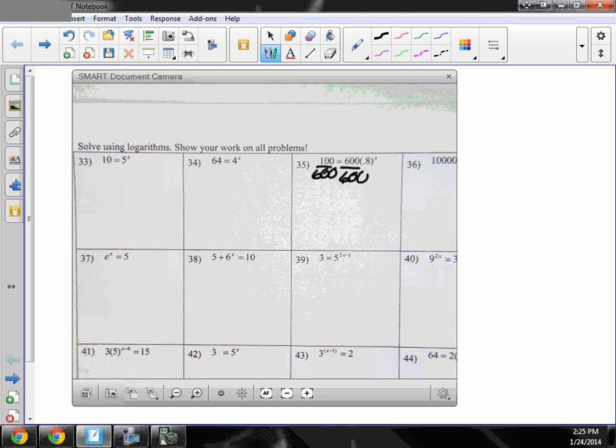You can only apply the power rule when the base has been isolated. Other than that, you should be able to figure out the rest of those. Tomorrow, we're going to do a practice test Monday, so you'll probably test on Wednesday of next week. Okay? Good luck.